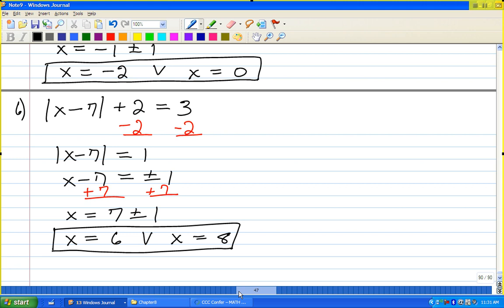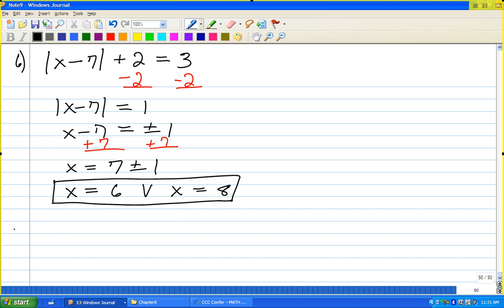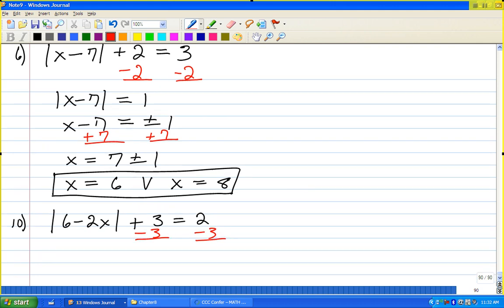Let me do problem number 10. The absolute value of 6 minus 2x, plus 3, equals 2. Let's try to solve this equation. The first thing to do is try to isolate the absolute value on one side of my equation. So let's subtract 3 from both sides of my equation.